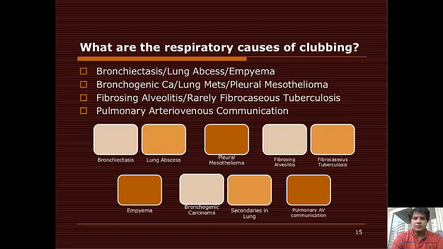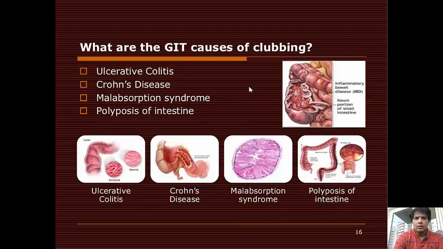Rarely caseous TB, or pulmonary AV communication and mesothelioma also. So basically AV communication is similar to the right-left shunt. TB is suppurative, like lung abscess. Any cancer, bronchogenic carcinoma, can be associated with pleural mesothelioma. It's a benign mesothelioma. Generally, peripheral plaques are seen.